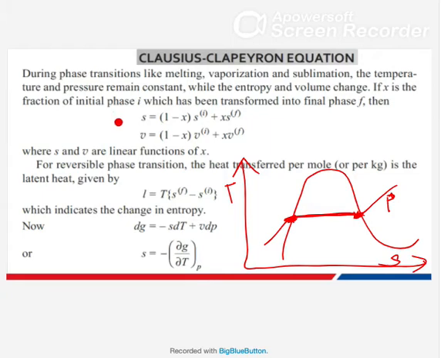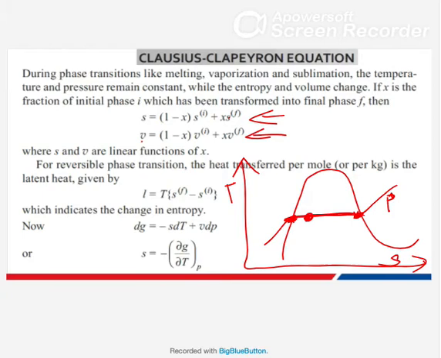Now we know how to write the entropy value and the specific volume value at any state point. Here x is the mass fraction, the mass of vapor by total mass. So we can calculate the entropy and volume at any state point.